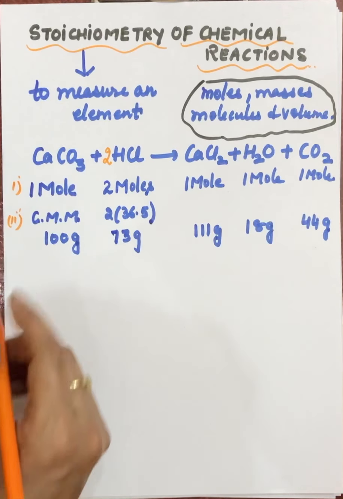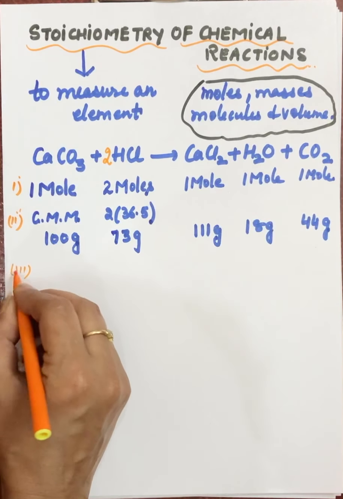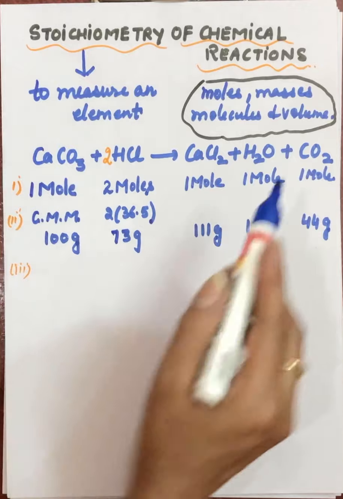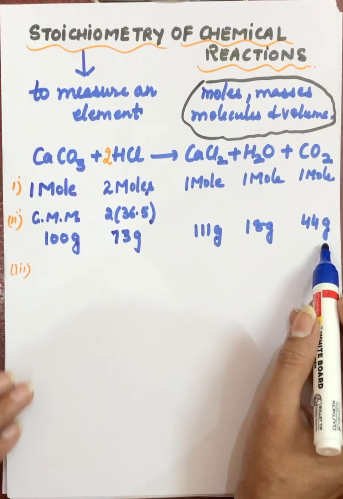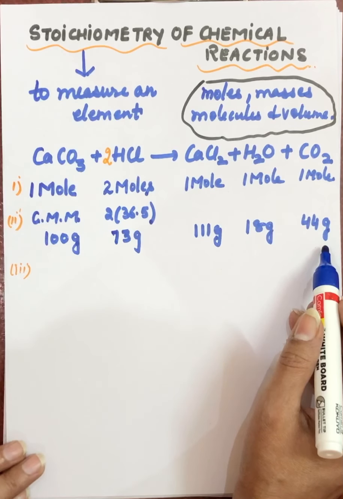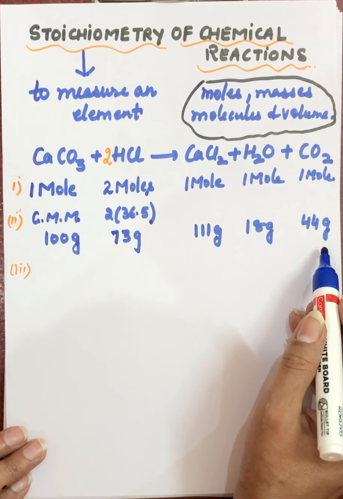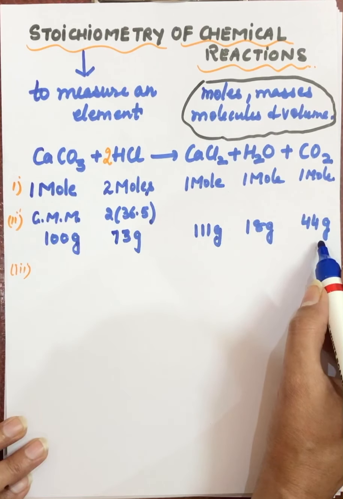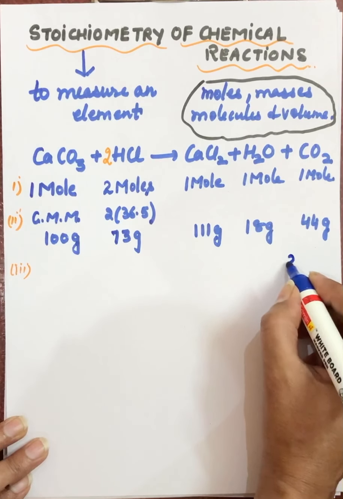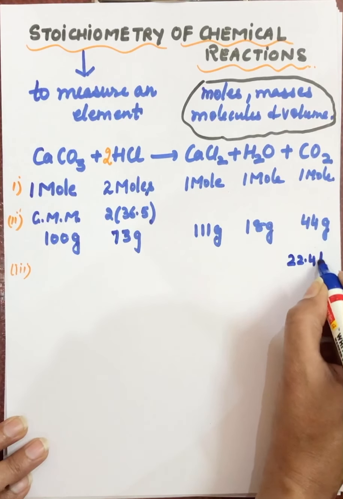Here we are writing one more quantitative relationship, that is, coming to the next part, volume. Now the carbon dioxide is a gas here. When we have gaseous substances, we also take their volumes in the mole concept. And this is 1 mole. 1 mole is equal to gram molecular mass and this is also equal to 22.4 liter.